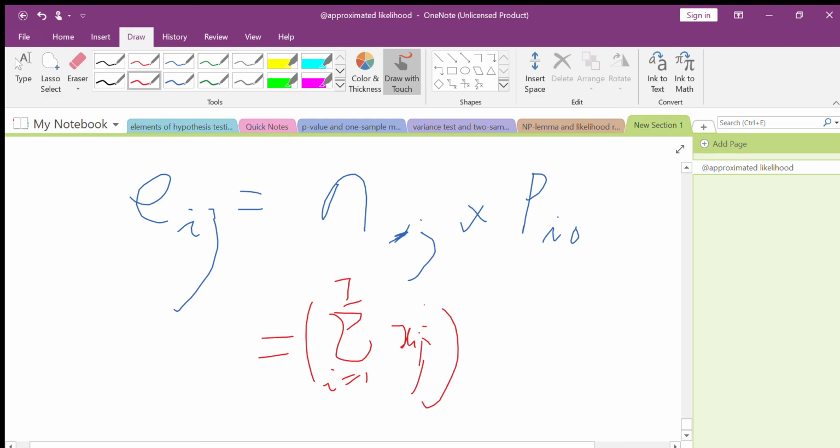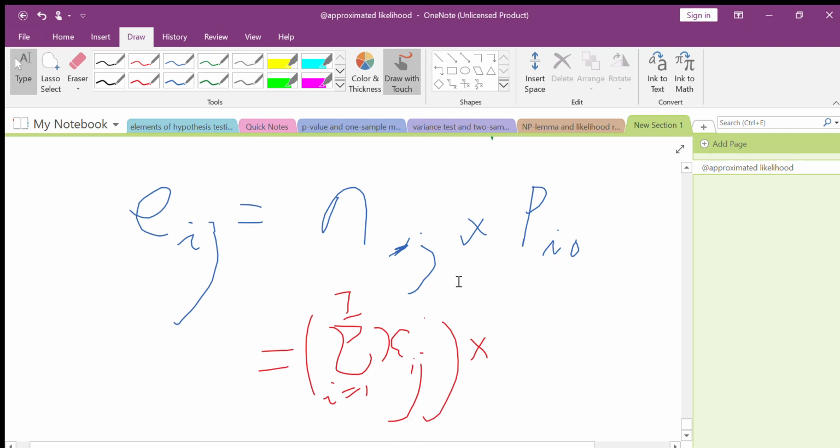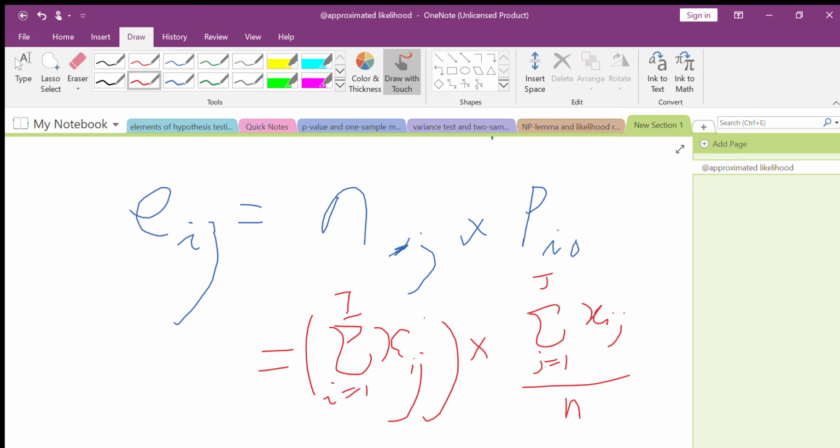And for this, and for pi0, we got this: summation x_ij, j from 1 to capital J, divided by n. We know how to calculate e_ij.